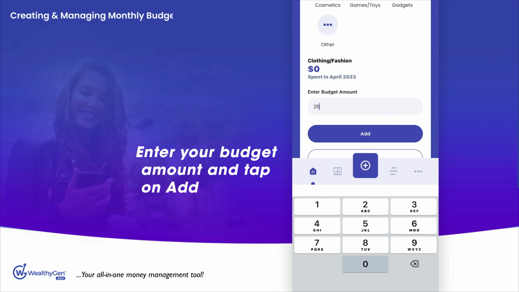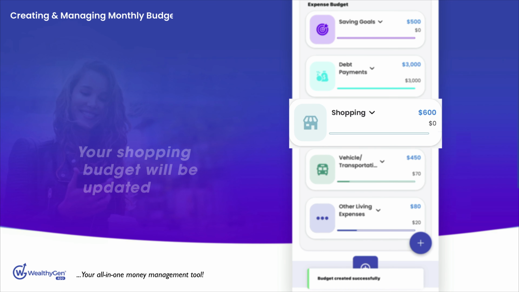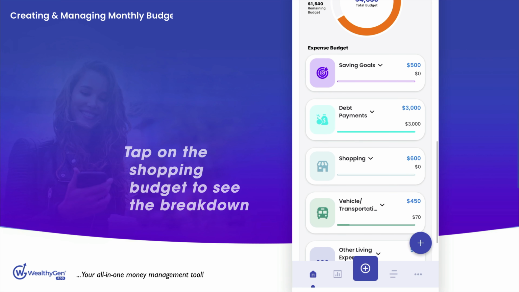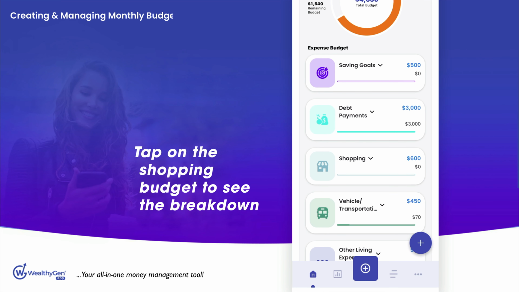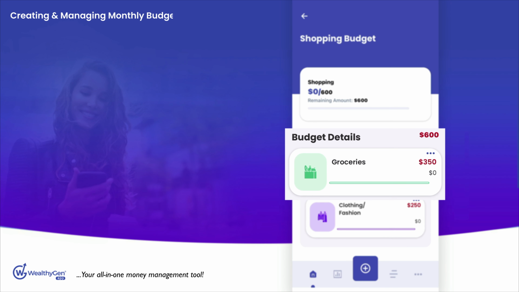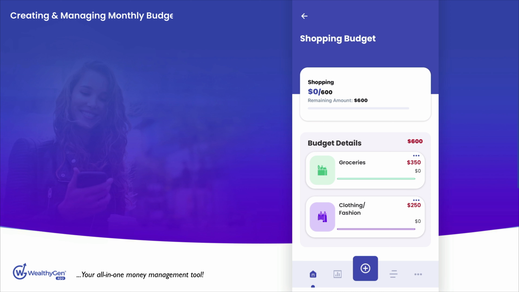Enter budget amount, say $250, and add. Your shopping budget will be updated. You can tap on the shopping budget block here to see the breakdown. As you can see, your total shopping budget of $600 includes groceries for $350 and clothing/fashion for $250.